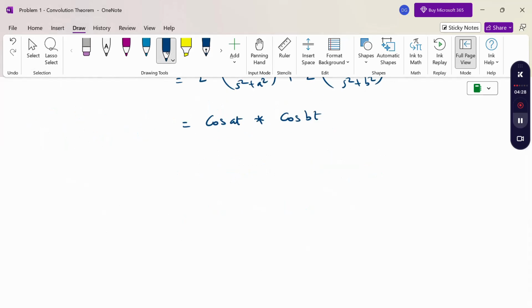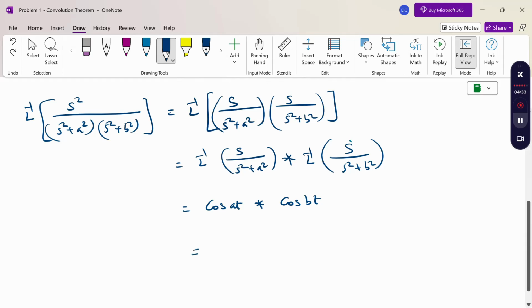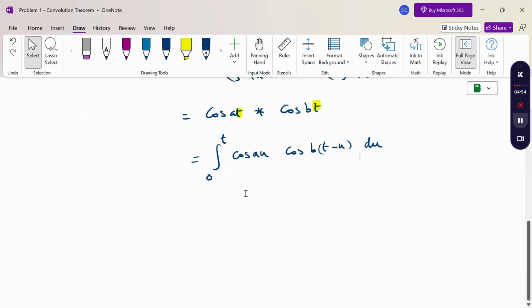Therefore how to remove this star? Using integration, so integration of 0 to t. For the first one, t changes to u, cos a u. For the next one, t changes to t minus u, cos b t minus u into du. These are the changes. So now the convolution theorem symbol is removed.